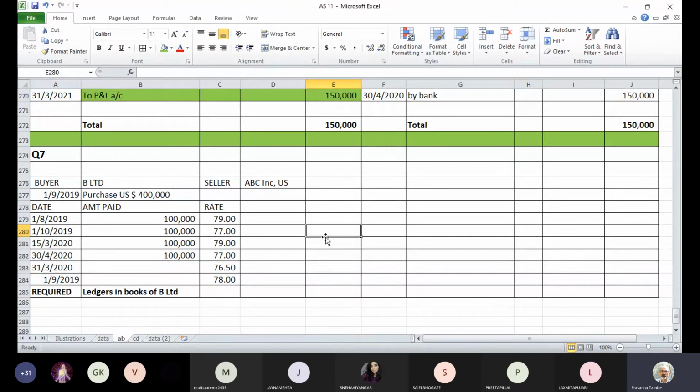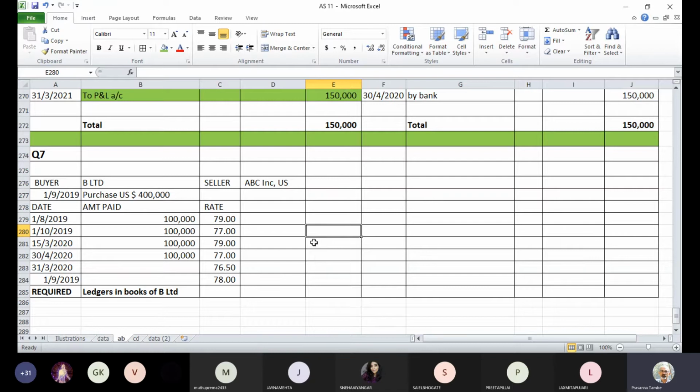If you carefully analyze the dates, you will realize that before the purchase itself, there is one payment made to the party on 1st August 2019. This must have been an advance paid to the party, and 1 month down the line, actual purchase took place at 78 rupees. So we have a case of import purchase now where there will be some accounting for advance payment to the party and then corresponding adjustments on account of foreign currency transactions.